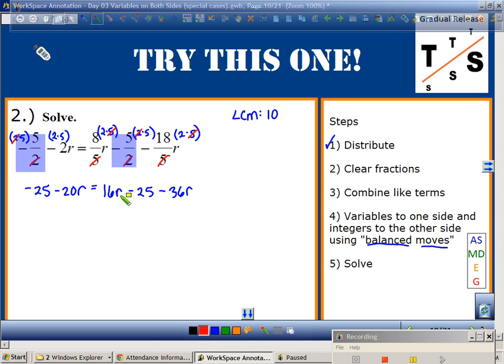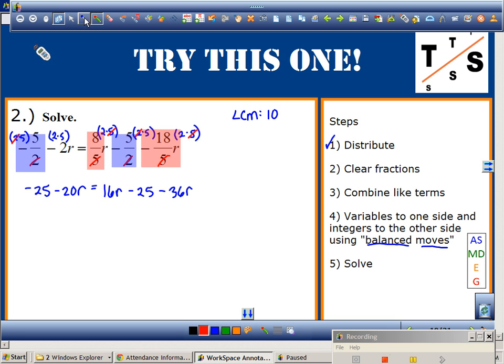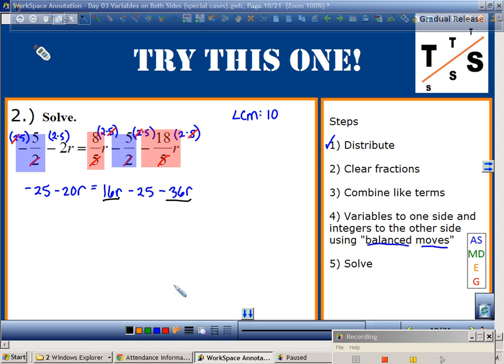Some other people thought that 8 over 5r and negative 18 over 5r are also like terms. You could have simplified those too before you decided to multiply everything by 10. All right, so negative 25, negative 20r, I've got 16r and negative 36r.